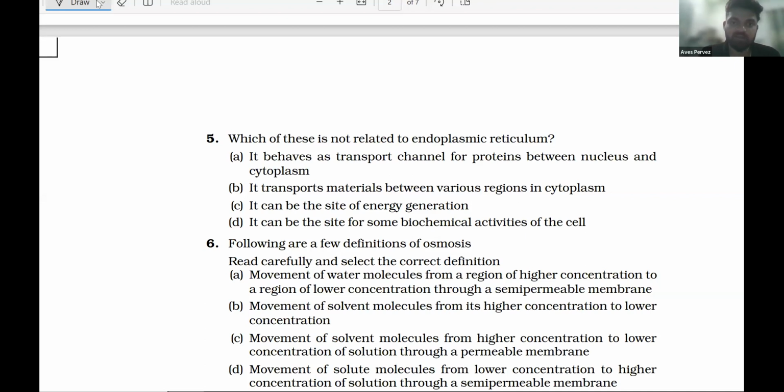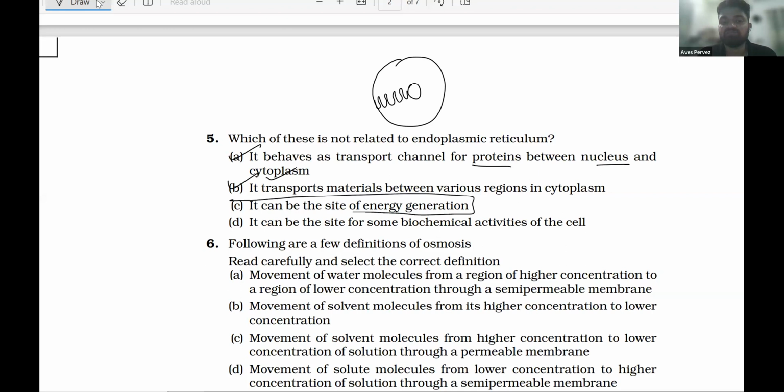Yes, because the endoplasmic reticulum lies from the nucleus to the cell membrane. Yes, it is correct. It also acts as a transport of material between various regions. It is a site of energy generation? No, it is not. The site of energy generation is mitochondria. So this one is incorrect, and C is the correct option.